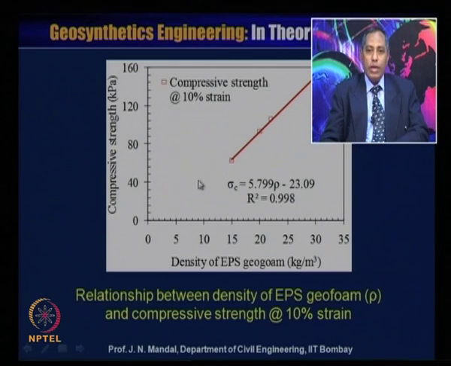So, this equation is also very important. If you know the density of the geofoam, you can directly calculate the compressive strength of the EPS geofoam using this equation. And this equation can also be used for any analysis.